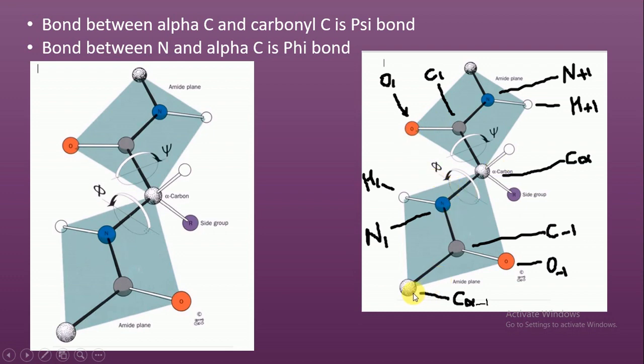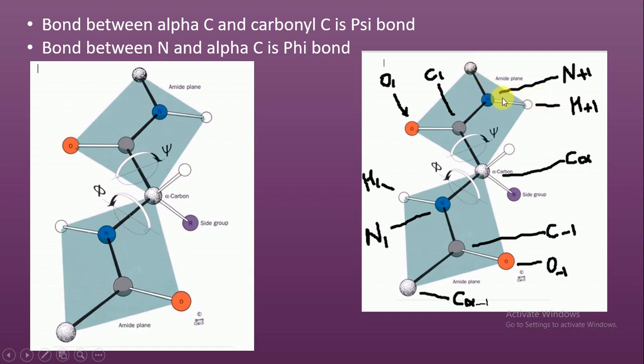This alpha carbon, this carbonyl carbon, up to here, it is one amide group, and this nitrogen, alpha carbon, carbonyl carbon, this is another amide group up to here, and this is the third amide group.